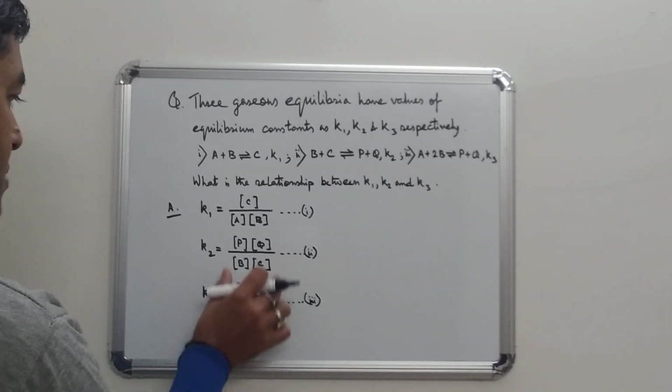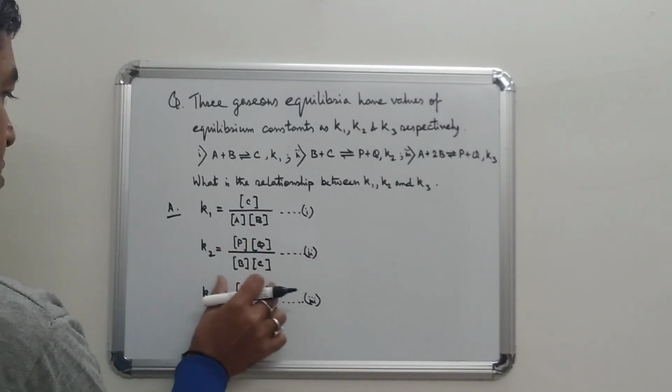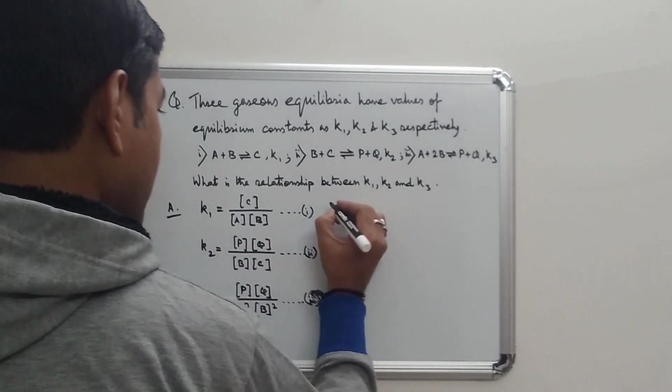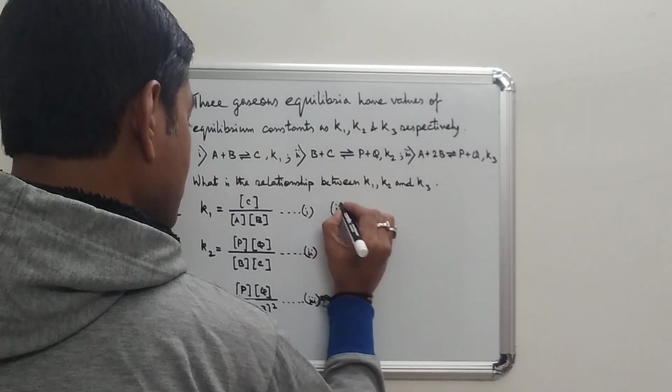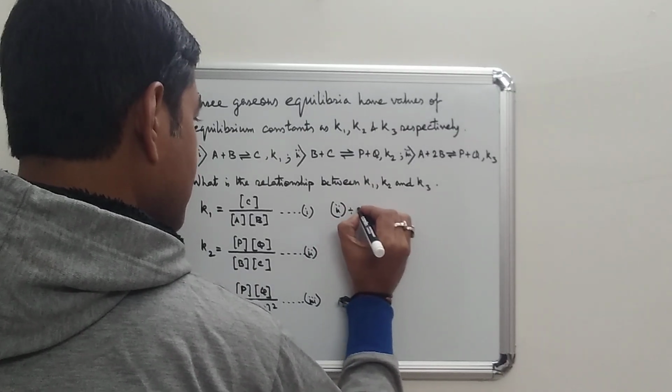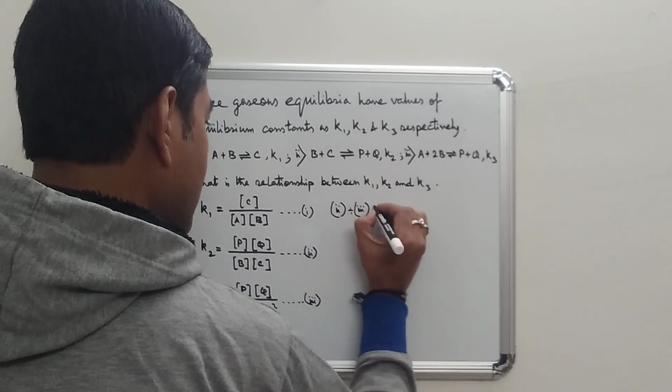Here the common terms are these two. So simply we will divide 2 by 3. What does it come to?